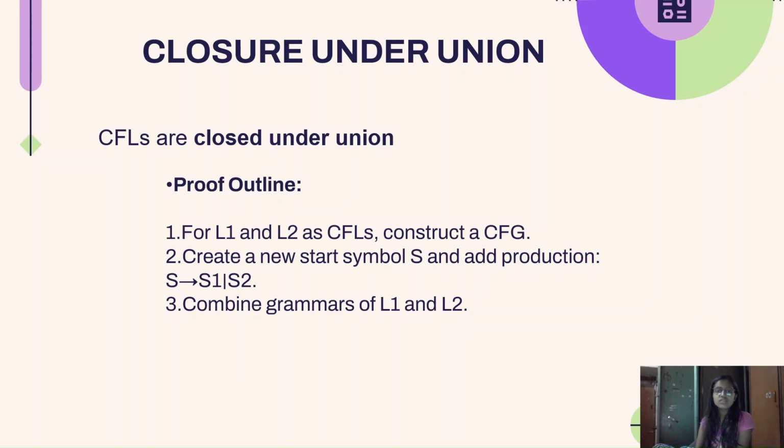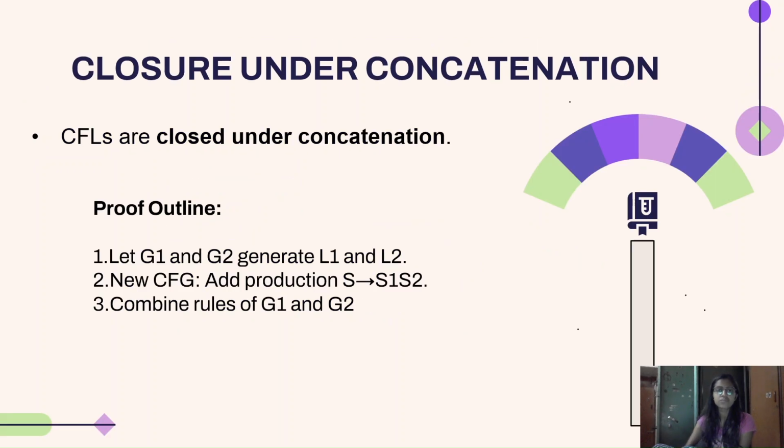To create a new symbol S, we need to add a production. So when added a production, we get S gives S1 or S2, wherein we will be combining both the grammars of L1 and L2. Hence, CFLs are closed under union.